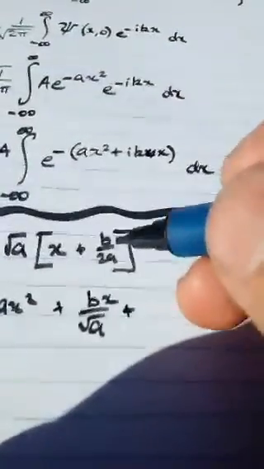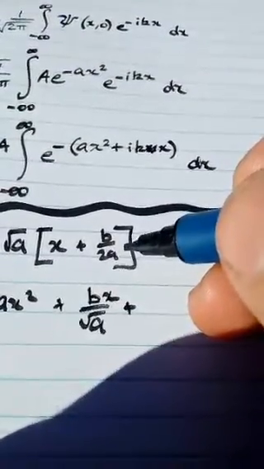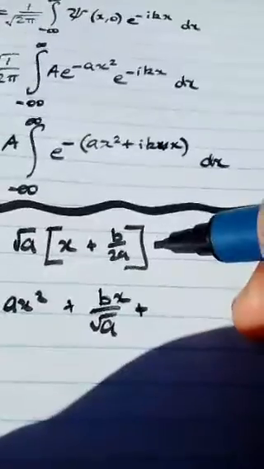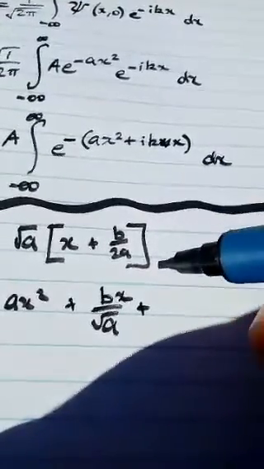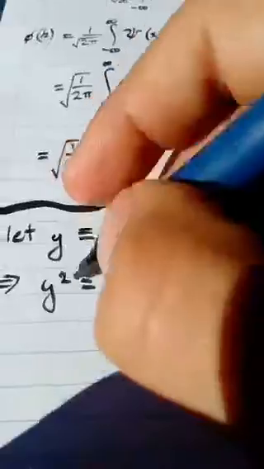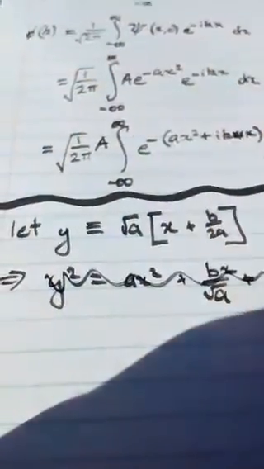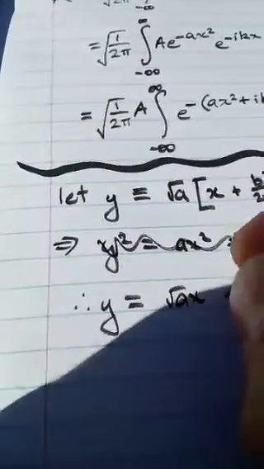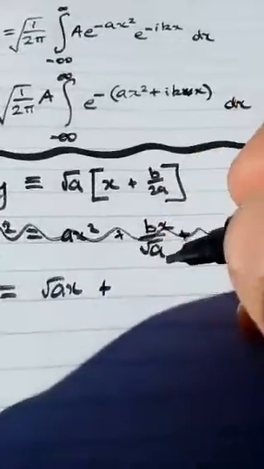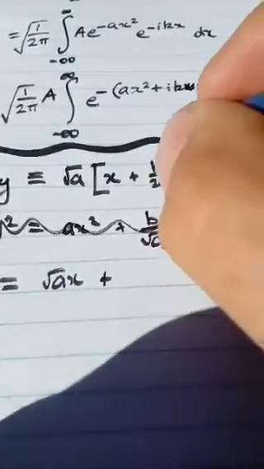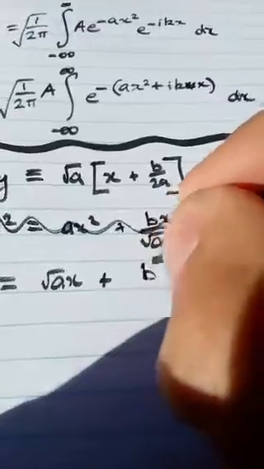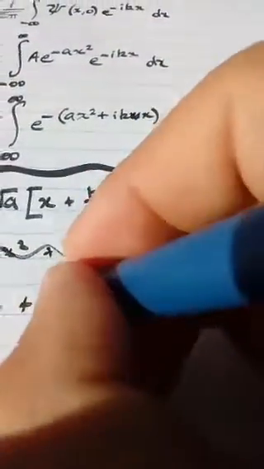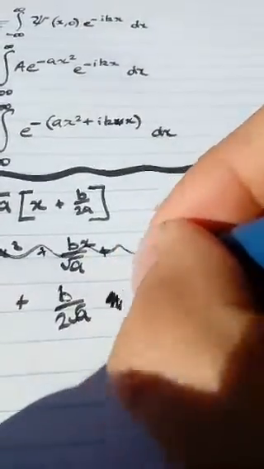Let me go slowly. So therefore, y equals root a x plus b over 2 root a. That's it.